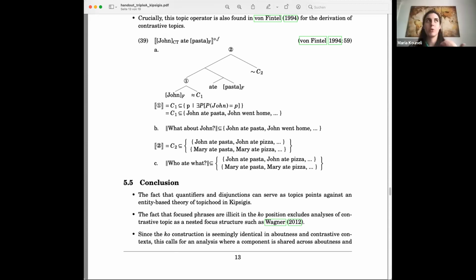But yes, there's also the other thing that we didn't mention, the long distance profile. So that also we haven't really looked at cases. So all the examples in this handout are clause bound, basically. But we do know that it can be long distance, and there we haven't looked at the exact interpretation. Yeah, not yet.